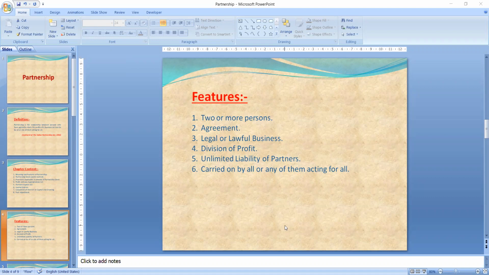Here unlimited liability means liability never ends for partners. Can you explain unlimited liability of partners? Whatever you understand, please tell me. The partners are always liable for any loss.